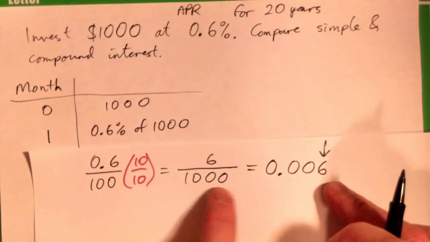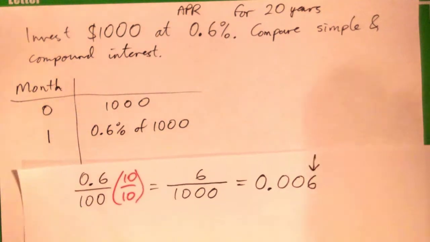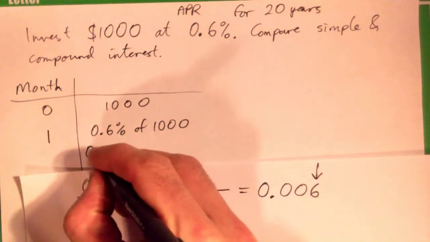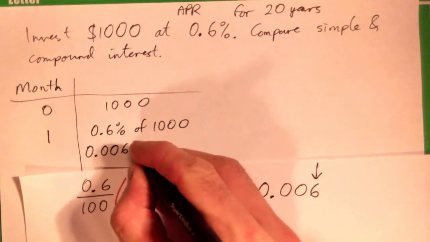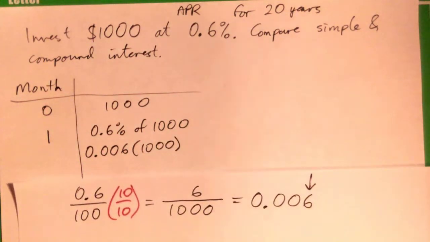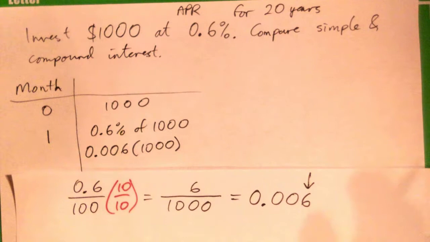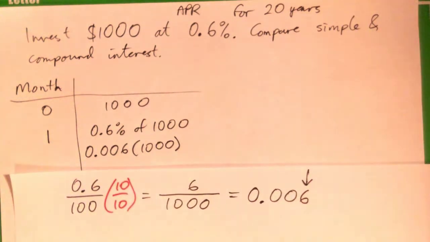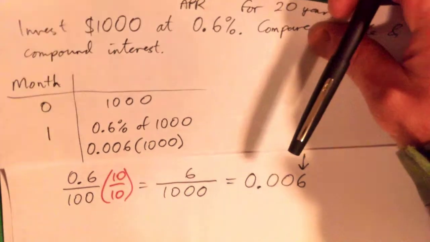Yep. So of means multiply. So we have 0.006 times 1,000. Or in fact, just for fun, that's actually 6 thousandths of 1,000. So there are a number of ways we can understand this.